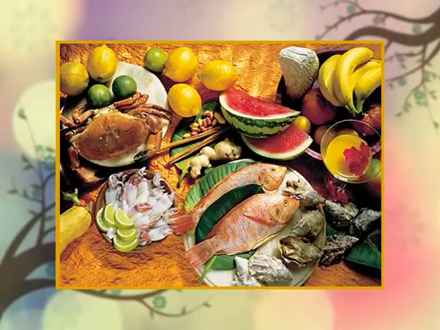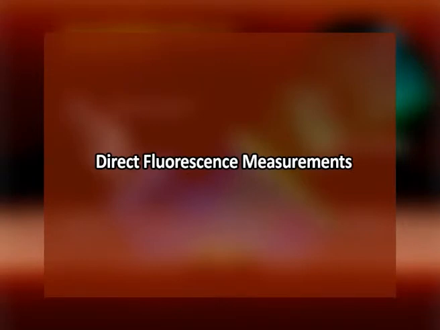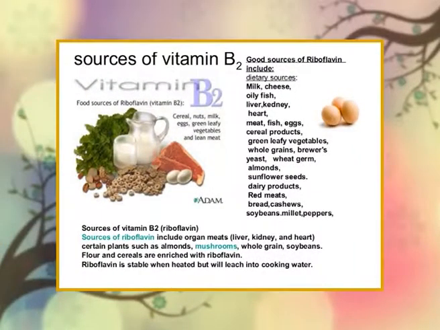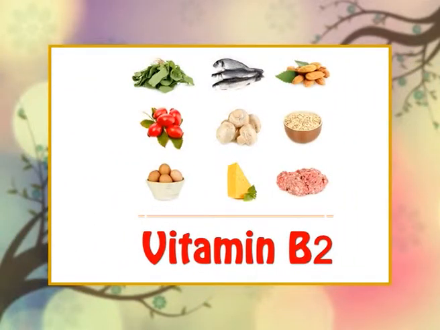Apart from these applications, fluorescence has been applied on various kinds of food, from fish and meat to fruit and vegetables. The four specific examples of food fluorescence applications include direct fluorescence measurements, which have been used in relatively few studies of food products like riboflavin, which is a highly fluorescent molecule with excitation maxima at 270, 370 and 450 nanometers and emission maxima in the range of 525 to 531 nanometers.